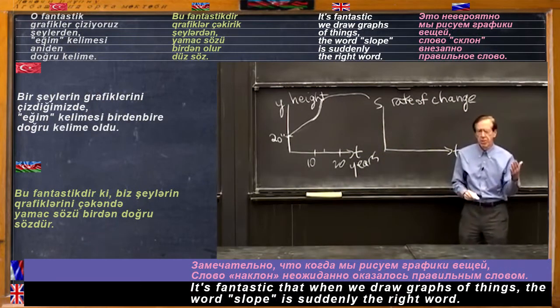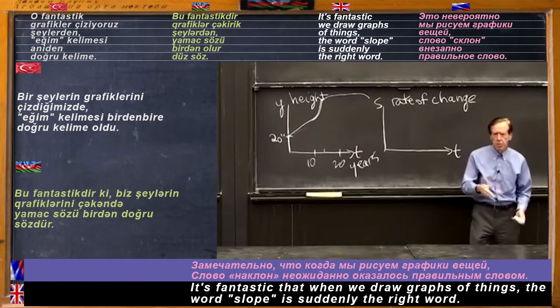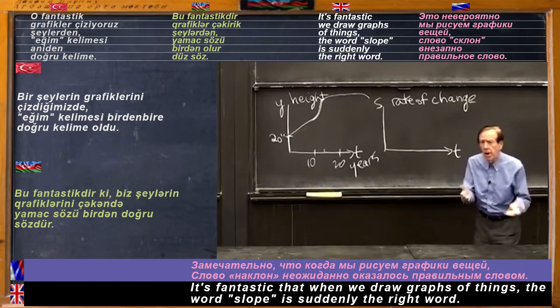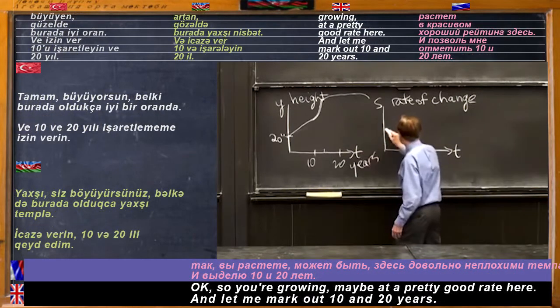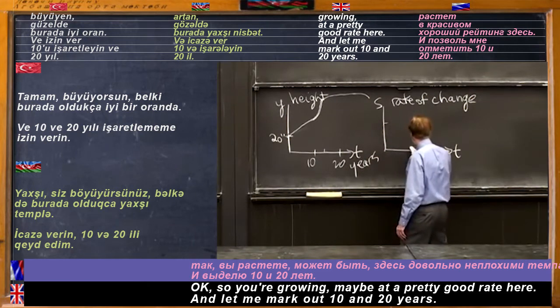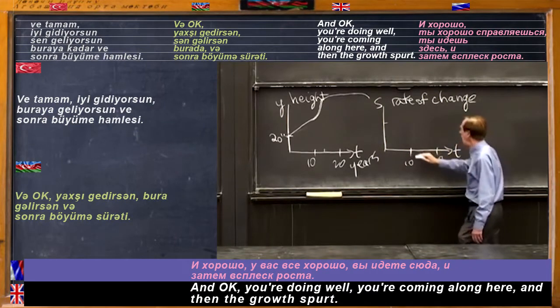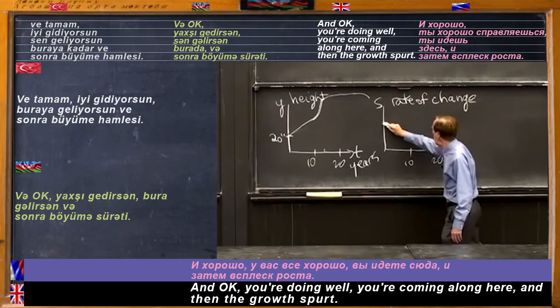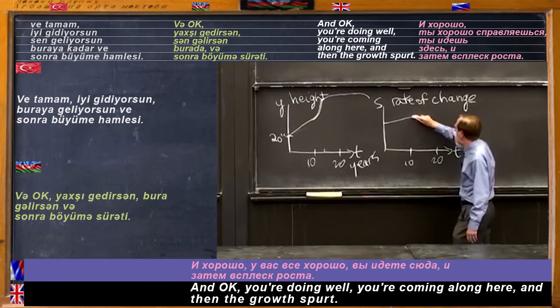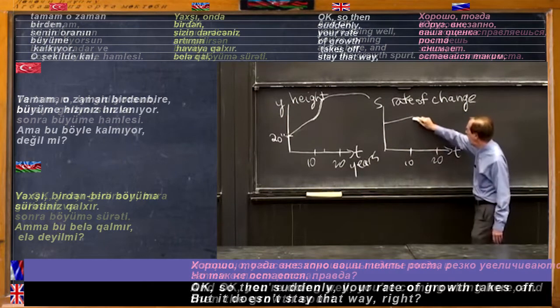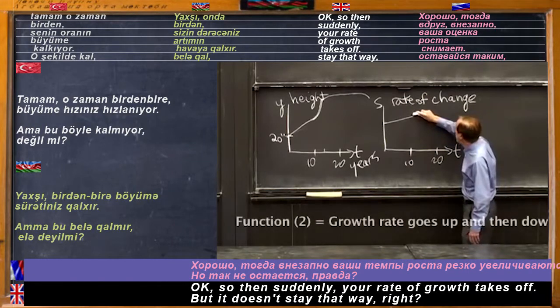It's fantastic that when we draw graphs of things, the word slope is suddenly the right word. So you're growing, maybe at a pretty good rate here. And let me mark out 10 and 20 years. You're doing well, coming along here. And then the growth spurt.